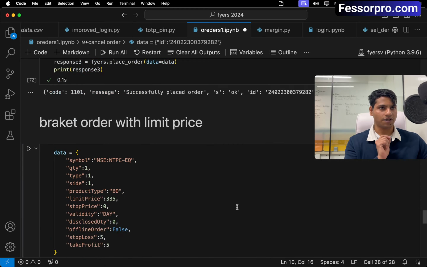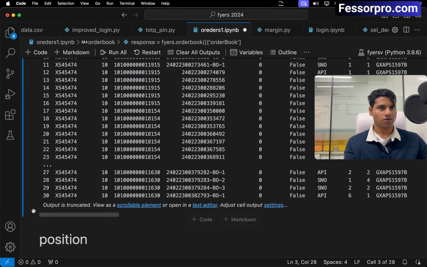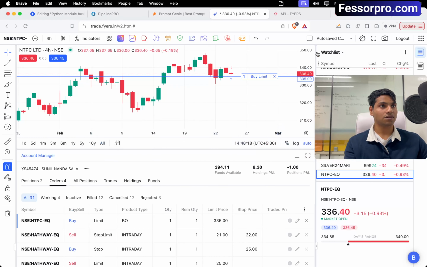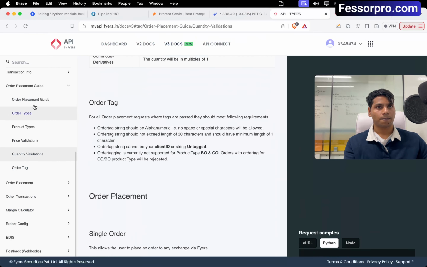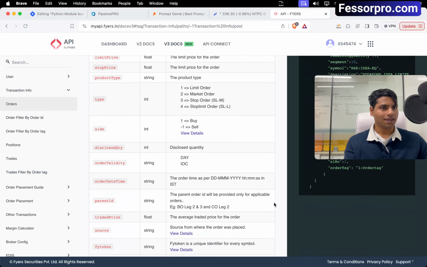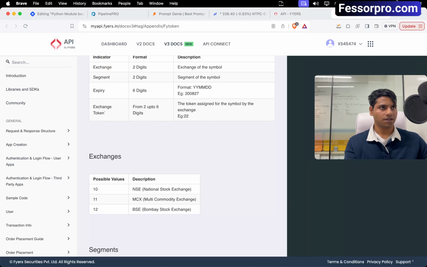Let's see what type of order it is. So if I run the order book, there are total 30 orders that I have placed, and this last one is 6. You see, look at the status is 6. What does 6 mean? If I go to API again, I need to go to transaction info. 6 is pending. Okay. So I think you might not be able to cancel it. I don't know. For some reason, it is not working.